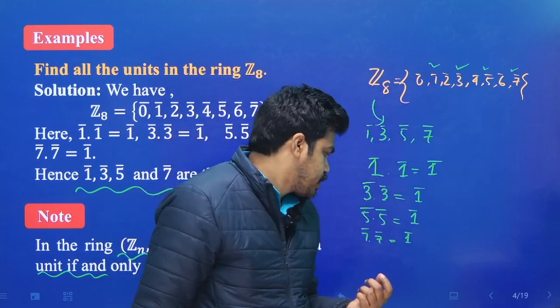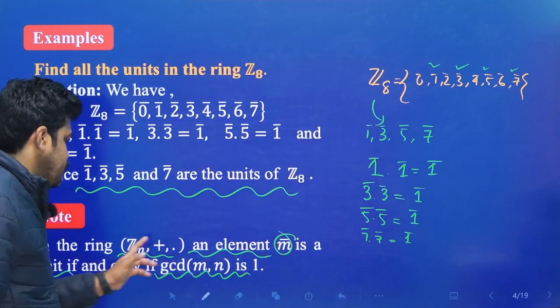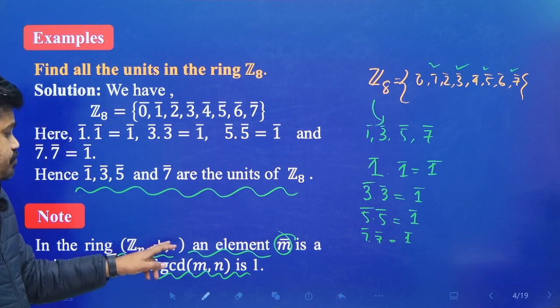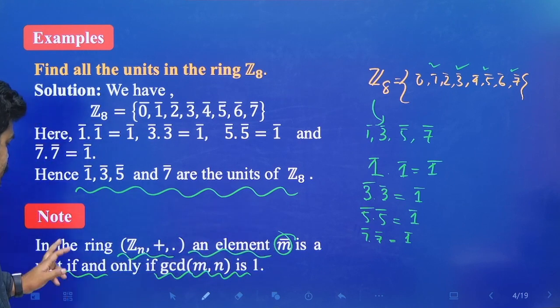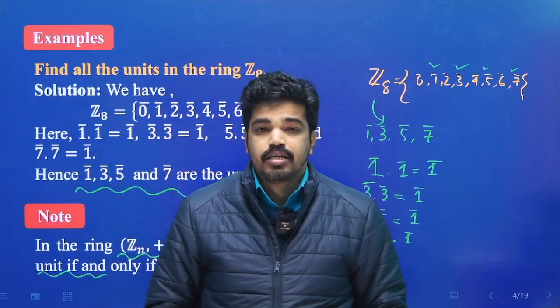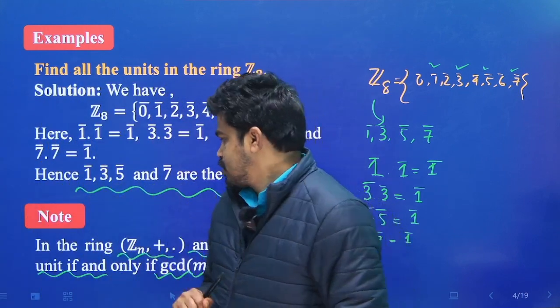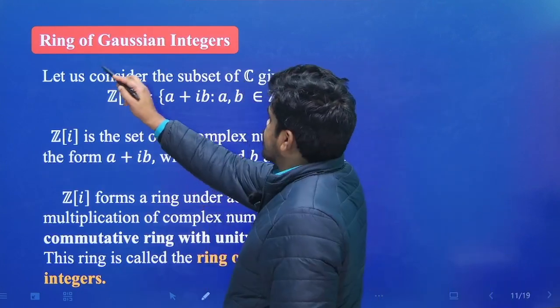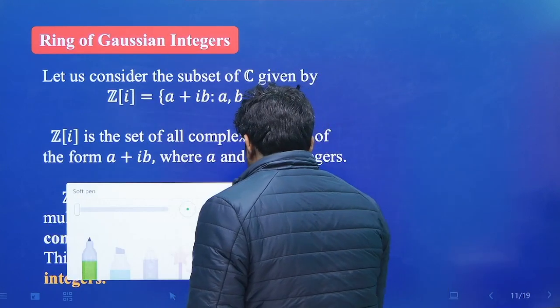Okay, so that's why it is a very very important note. In the ring Zn, an element M bar is a unit if and only if GCD of M and N is 1. Okay.